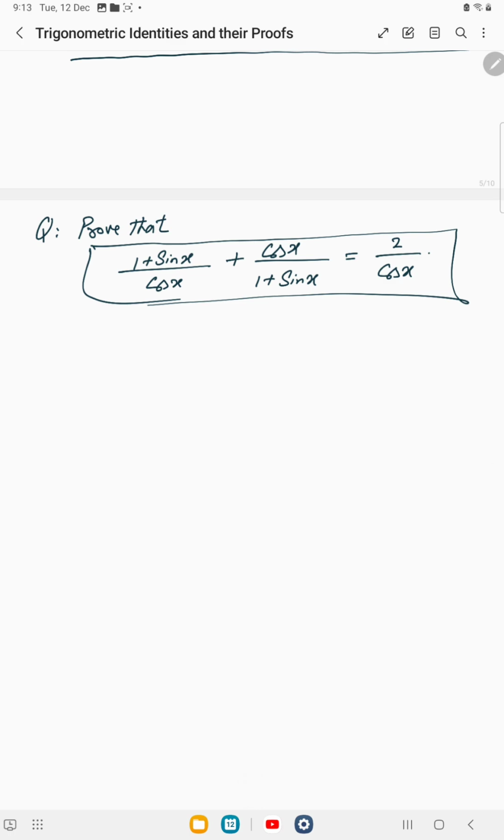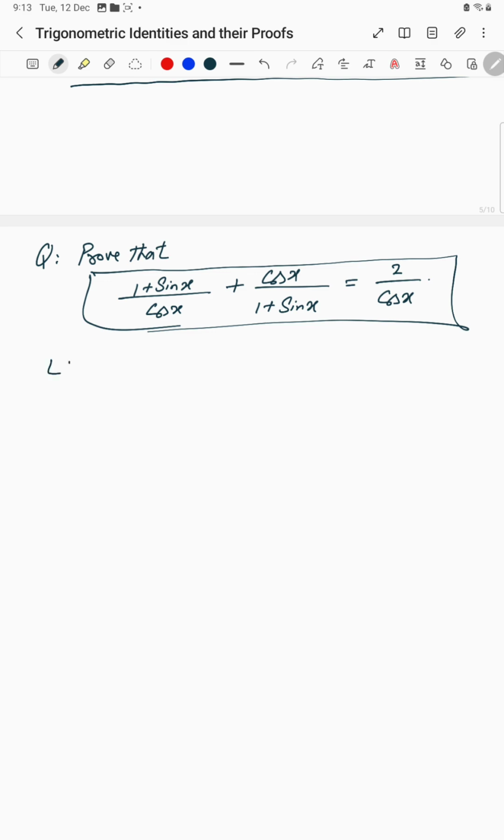Well guys, now take an example where we have to prove the identity 1 plus sine x over cos x. This time, instead of the angle theta, we have the variable x, right? So take the left hand side as usual. The left hand side will be (1 plus sine x) over cos of x plus cos x over (1 plus sine x).